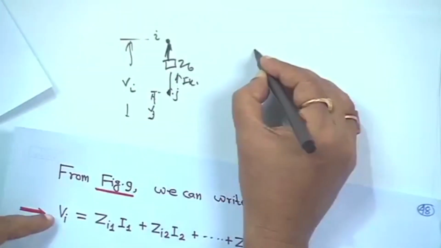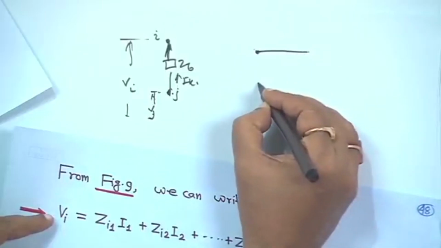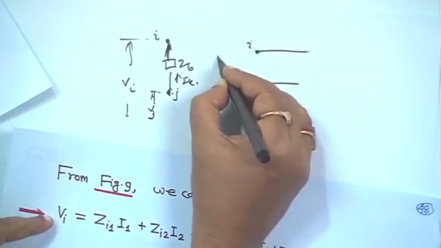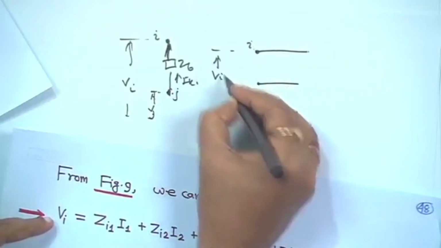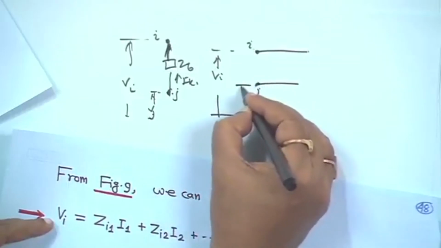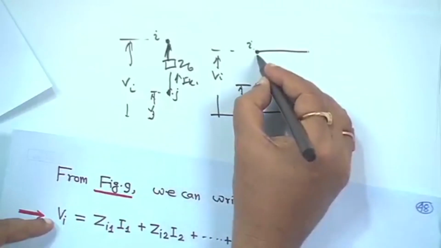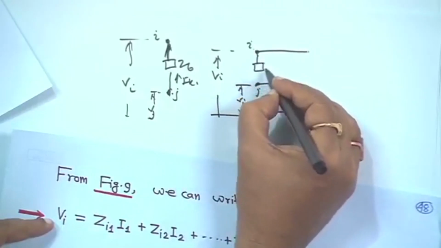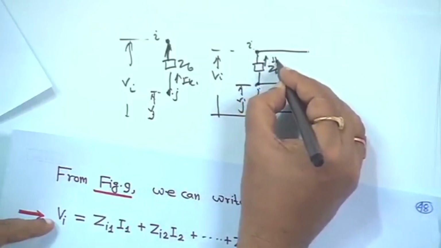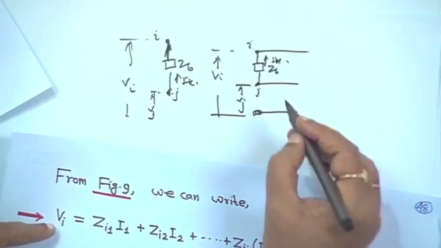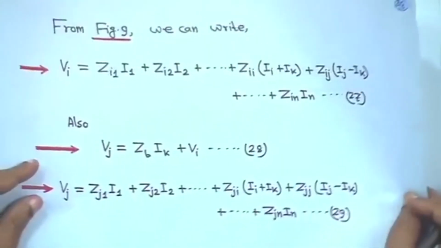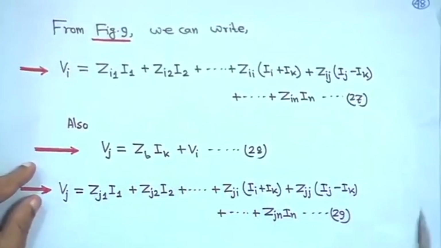If you take this line like this, this is your i, this voltage is Vi, this is your reference, and this is your j, this voltage is Vj, and then you have Ij, you have the impedance Zb, and the current direction is this way, Ik. So, it will be Zb Ik plus Vi minus Vj is equal to 0. That means Vj is equal to Zb Ik plus Vi.